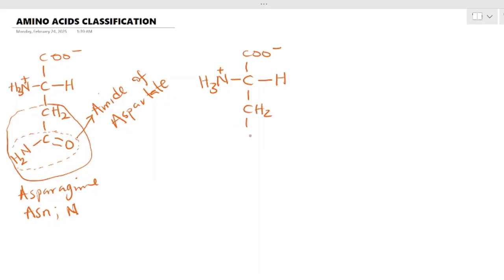Then you have for your glutamate CH2, which for glutamate should be attached to a carboxylic group right here, double bond O, and O minus. But for this group, it is now attached to an amino group, and that forms your glutamine.